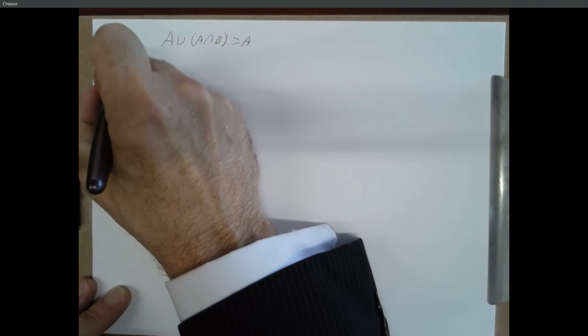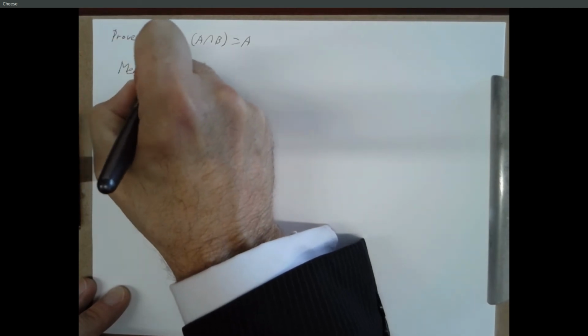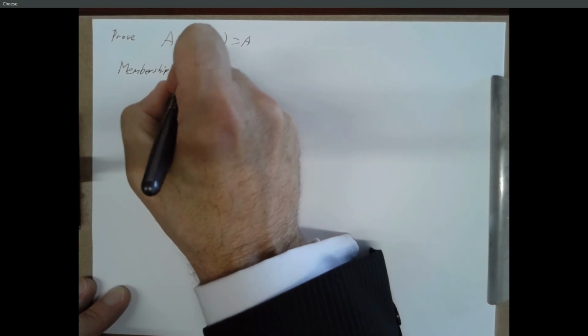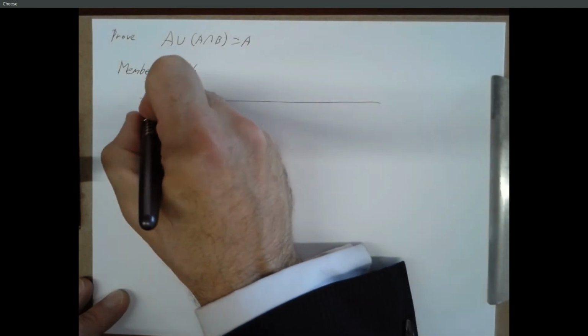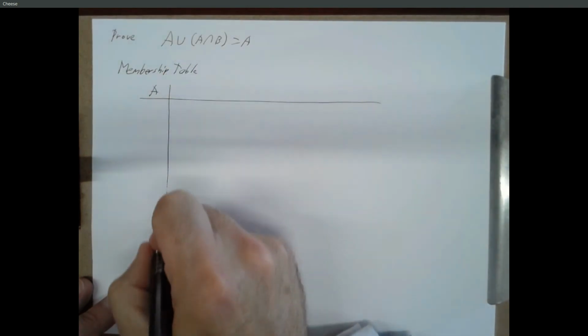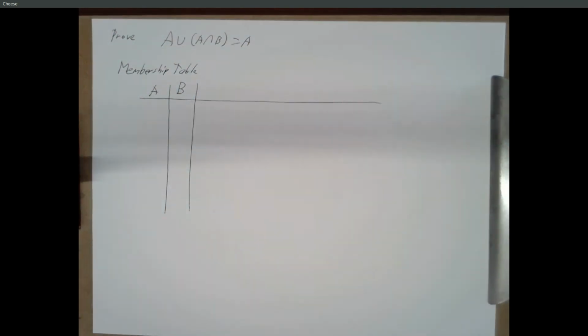But here's what we can do. We can make something called a membership table. And here's what a membership table looks like. I'm going to imagine that we're looking at one element of the universe.